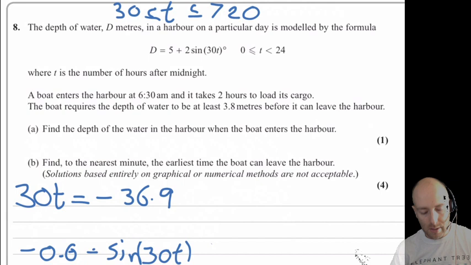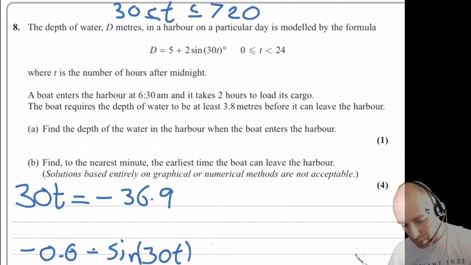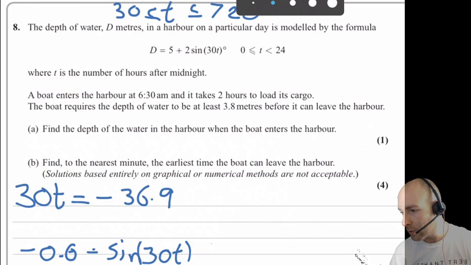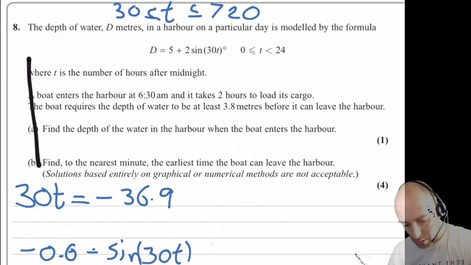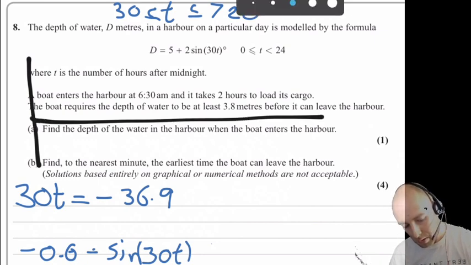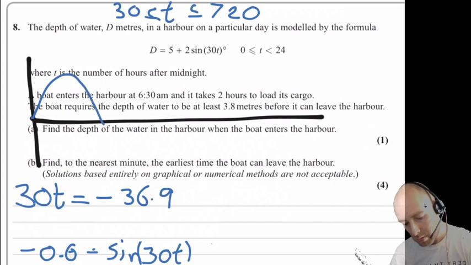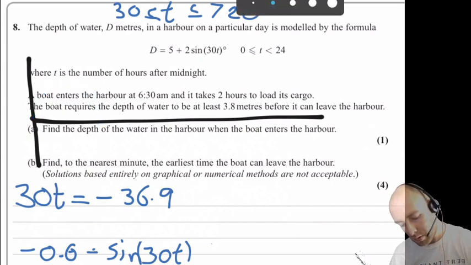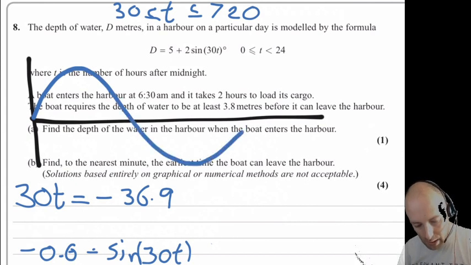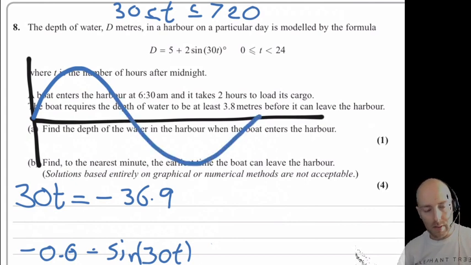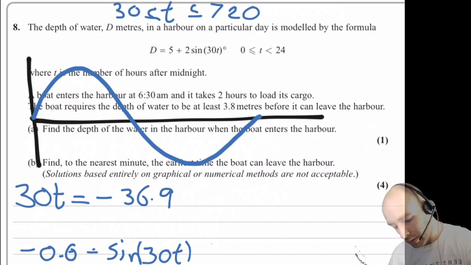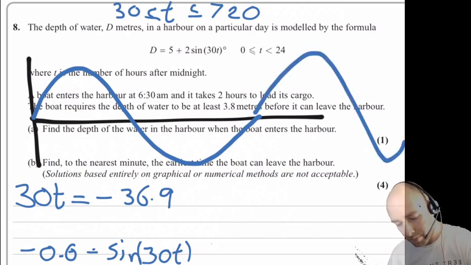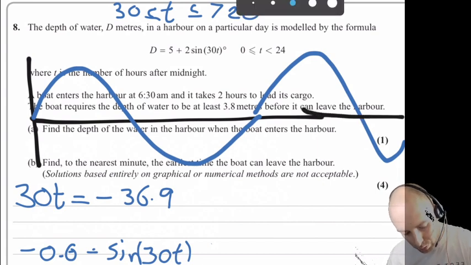Okay, if I divide that by 30, the times can be negative, so that's not going to work. So we need to plot a graph and work out what the next few times are. So we've got a sine curve. And we need to go between 30 and 270. So I'm going to draw a few of these. Okay, and our first value that we got was minus 36.9, sorry.